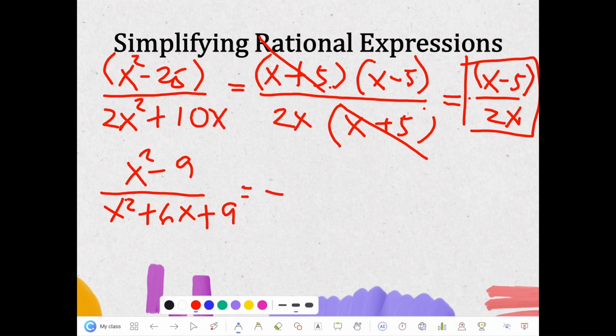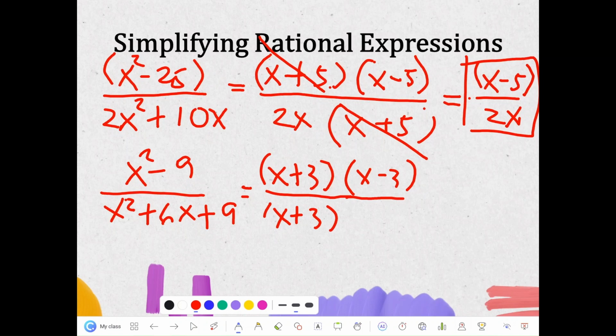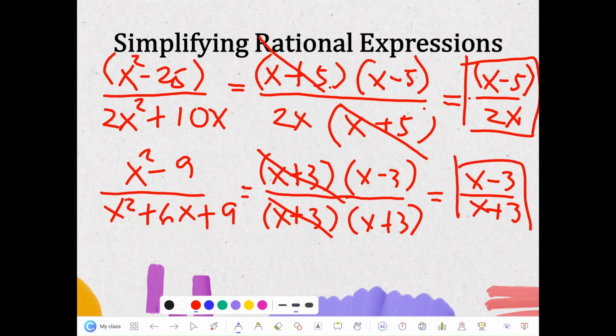I-factor mo muna ang numerator into x plus 3 and then x minus 3, and then x squared plus 6x plus 9 is factorable into x plus 3 times x plus 3. And now, you can cancel. Maka-cancel mo dito ang x plus 3, x plus 3, and you will be left with x minus 3 over x plus 3. And this will be your final answer.